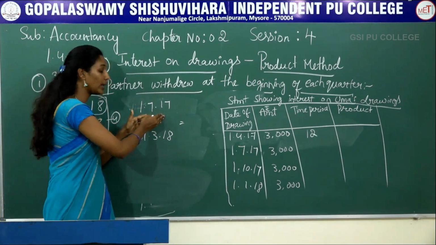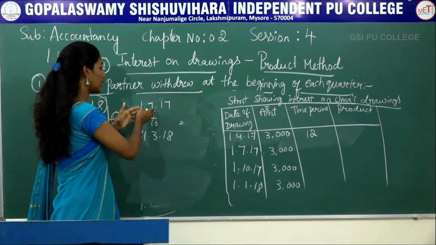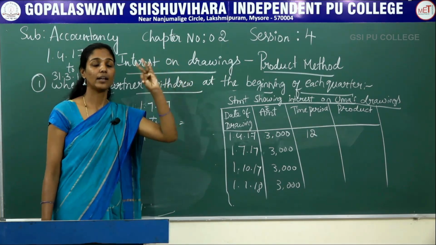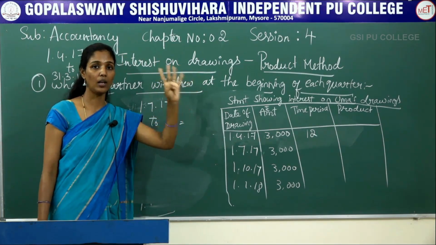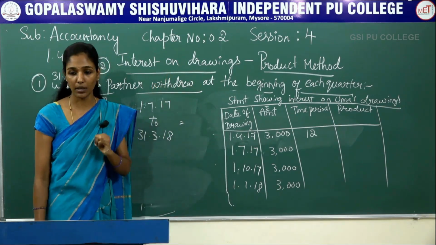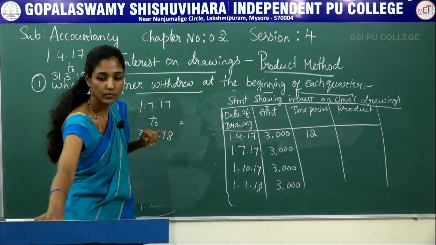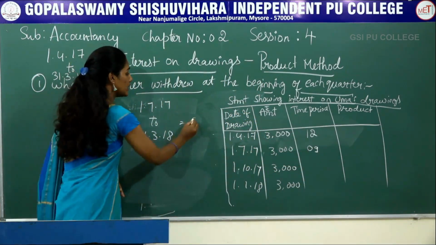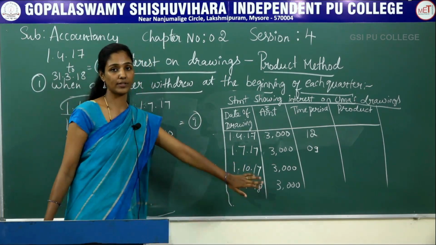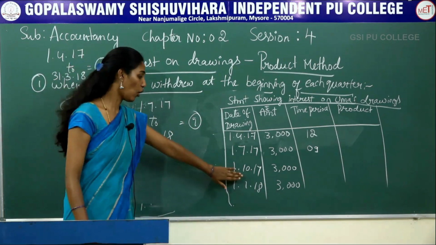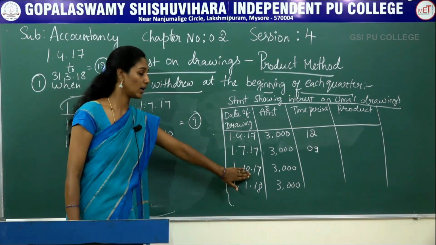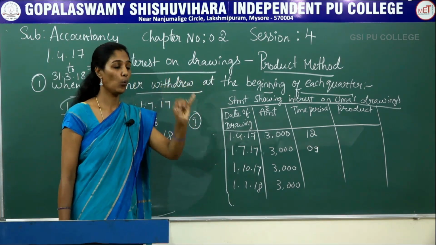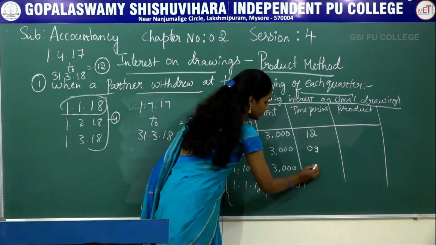Here she has withdrawn on the first day of the 7th month, so include the 7th month: 7, 8, 9, 10, 11, 12, 1, 2, 3. How many months? 9 months. The next, from 1/10/2017 to 31/3/2018. Here also you should take the 10th month: 10, 11, 12, 1, 2, 3. 6 months.